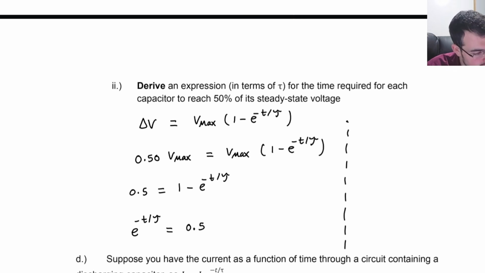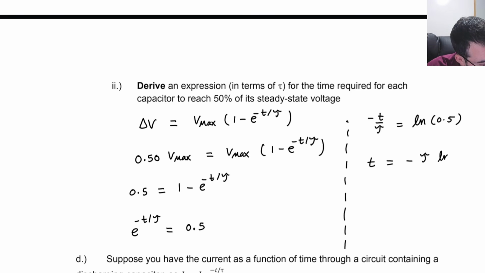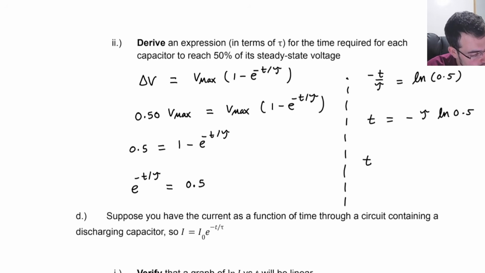Then we'll take the natural log of both sides. So you'd get negative t over tau is equal to ln of 0.5. So we'd get t is equal to negative tau times ln of 0.5. But just to make this look more like a positive value, remember that the log rule says that we could write this as tau times ln of (0.5)^-1, and raising 1/2 to the negative 1 means flip it over, so we get ln 2.